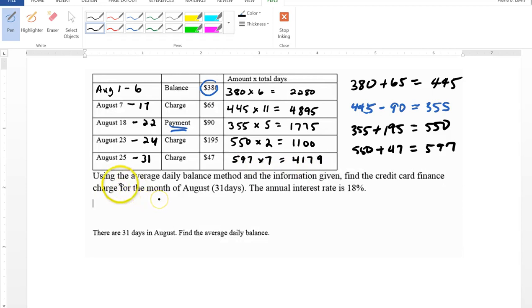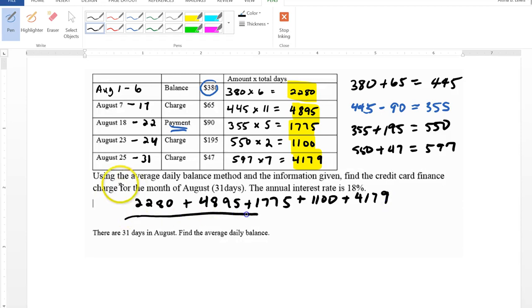So we take each of our calculations from each week, and we find the sum of those calculations, and we divide that by a total of 31 days.